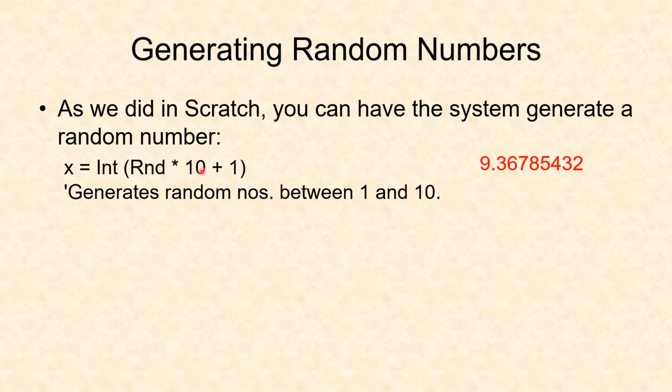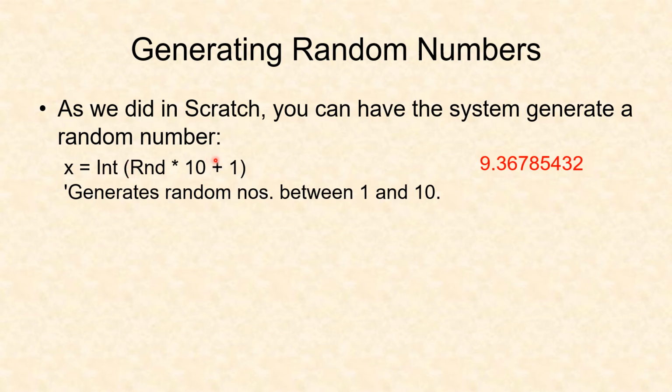Now if I say times 10, of course it moves the decimal place. If I say plus 1, it means that we're not going to get a 0 as one of the options. Now if I leave off plus 1 and say random times 10, one of the numbers can indeed be a 0. So here we've got a random number between 1 and 10.